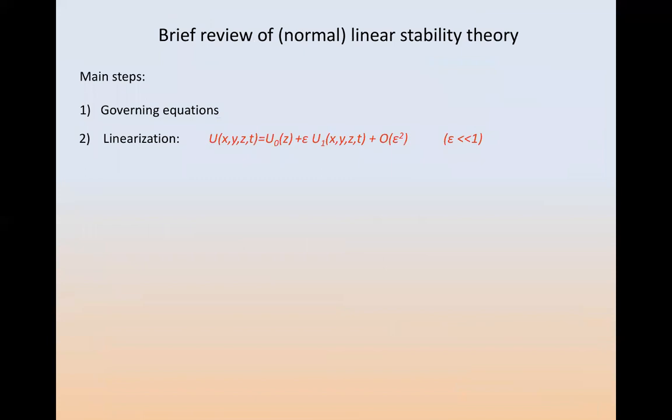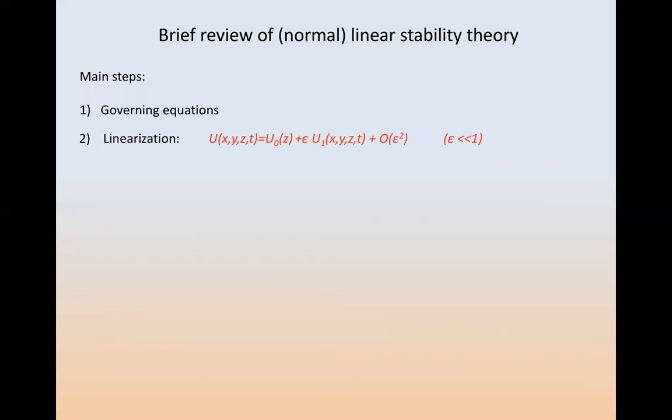I assume that everybody is quite confident with the classical theory of stability analysis, maybe more than me. So I will go very quickly on this part. Main steps usually are starting from the covariant equation, making a linearization of the equation, assuming a small perturbation to a basic state.